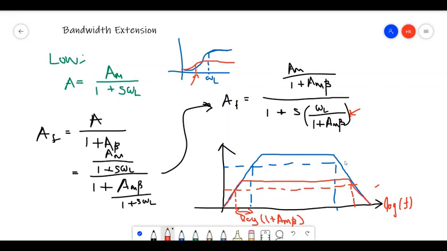And this change in gain here, the reduction in mid-band gain, is 20 log 1 plus AM times beta, right? So this is how the Bode plots look. You can see that there's a clear increase in bandwidth. So that is the second property, bandwidth extension.